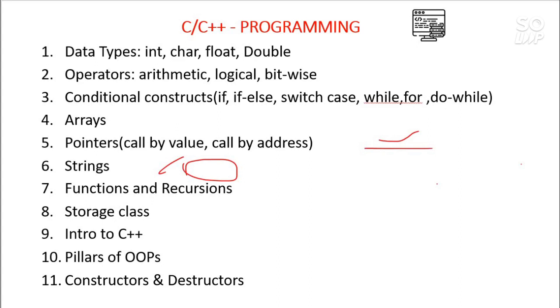In the abstraction, they have shown about hiding details of unnecessary info, and inheritance is nothing but inheriting the superclass by the subclass.